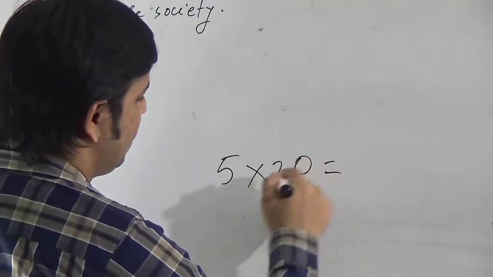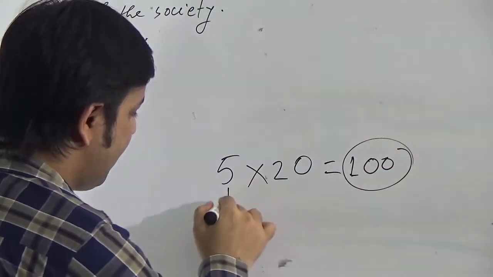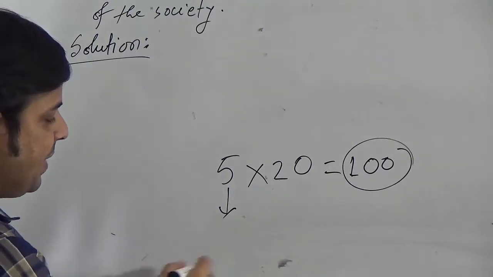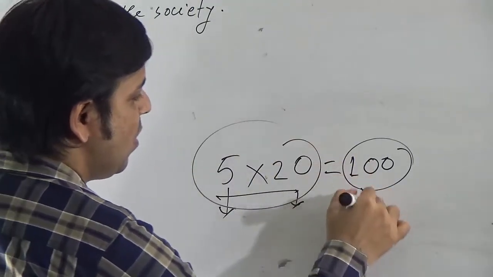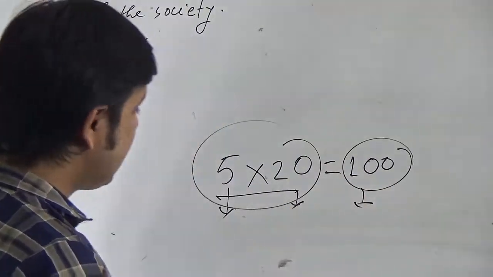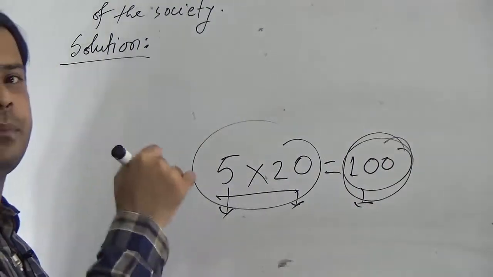It means 5 20s are 100. If the number of members is 5, each member subscribes 100 Taka. It means that the subscription of each member will be 20 times the number of members.